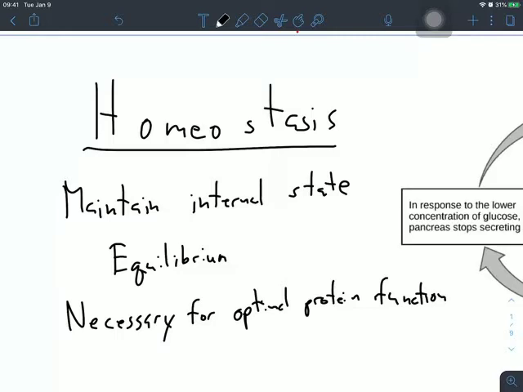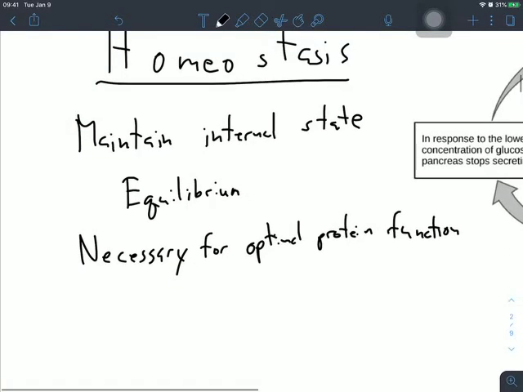So each animal that's endothermic has some optimum body temperature that's specific to allow its proteins to fire at their best rate.